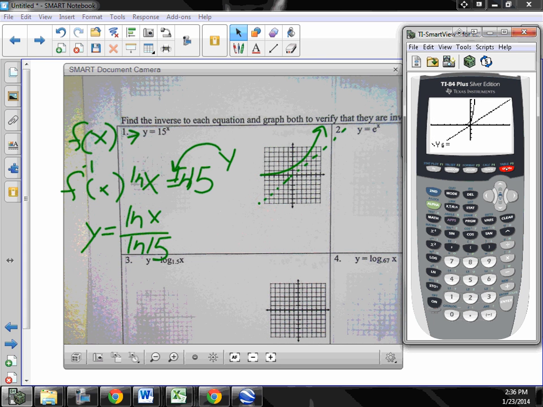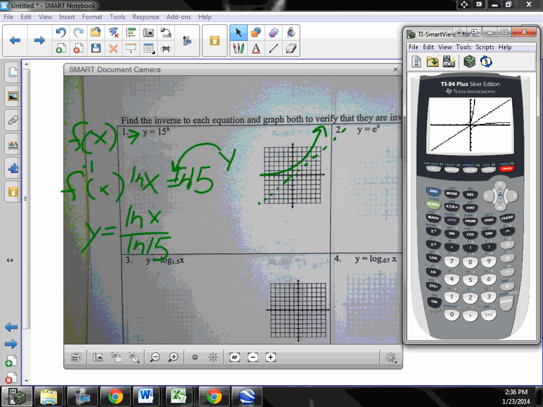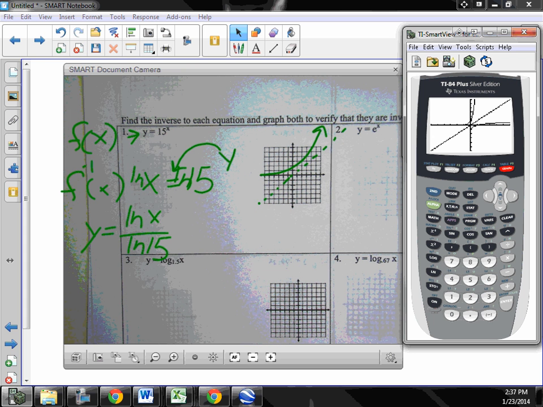And those two functions should be perfectly mirrored across that y equals x line. So you kind of have 2 parts to this. You have to graph the function and graph its inverse. But in order to graph the inverse, you have to invert the equation to do so.